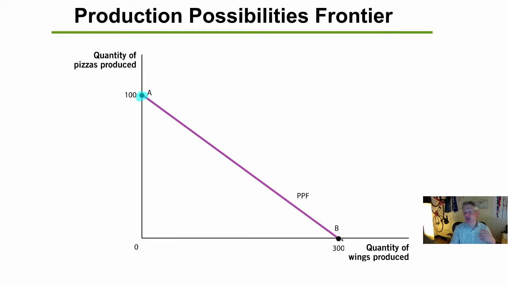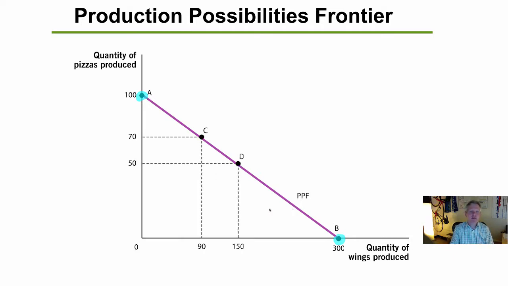If for this particular person or economy, they spent all of their time and resources on producing wings, they could produce 300 wings. And here we have a linear Production Possibilities Frontier, and so they can produce all the different combinations of pizza and wings in between these two. Now, in a minute, we're going to have Production Possibilities Frontiers that aren't necessarily straight lines, but let's get a handle on this one first before we move there.